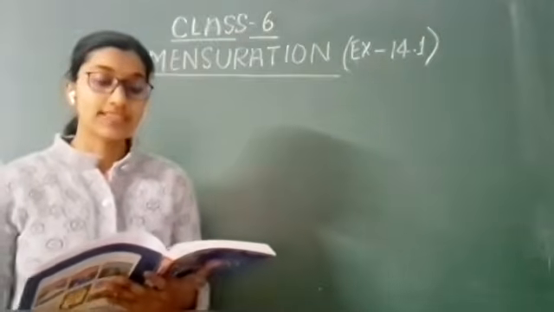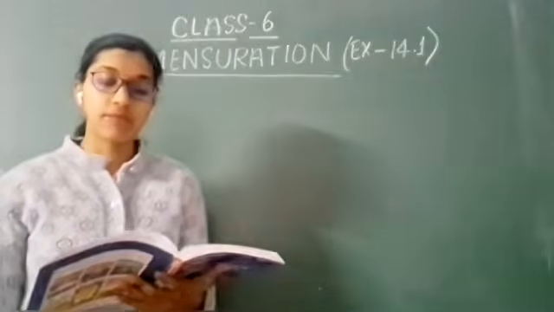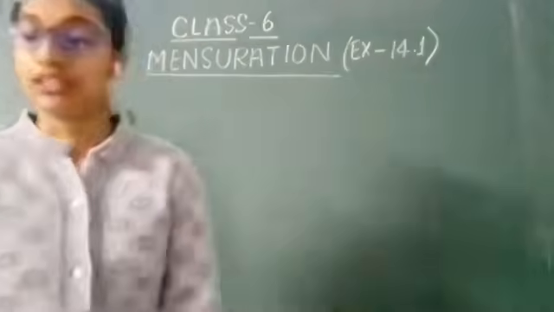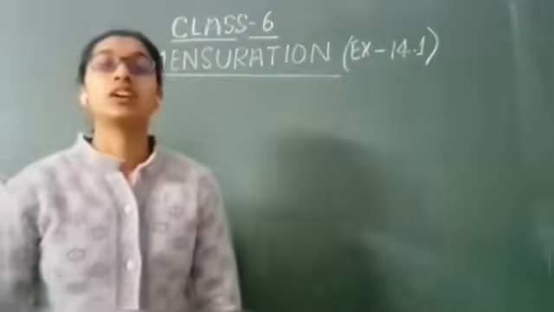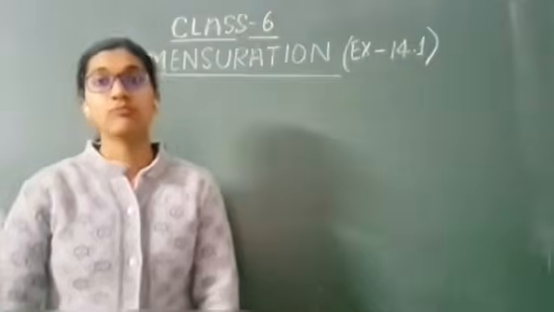The first one is given, a triangle of sides 3 cm, 4 cm and 6 cm. In the previous video, we learned the meaning of perimeter. Perimeter is equal to the length of its boundary.